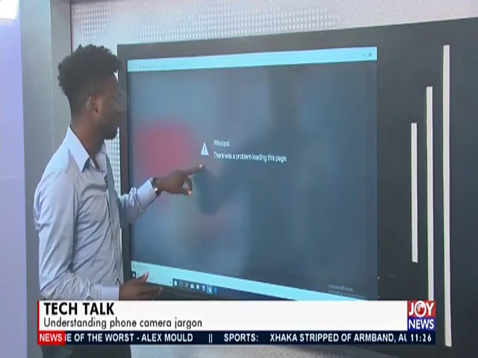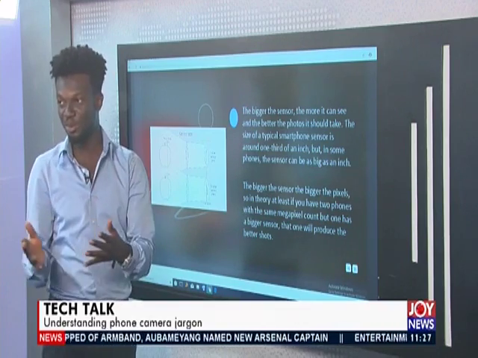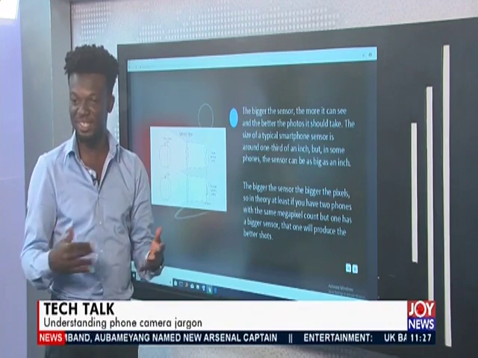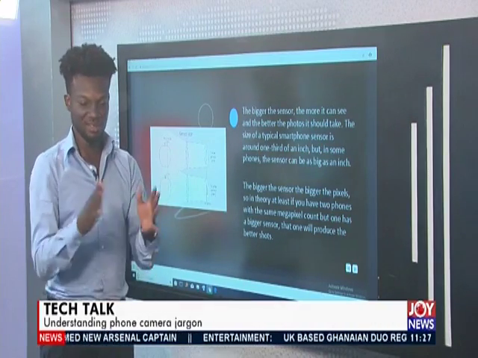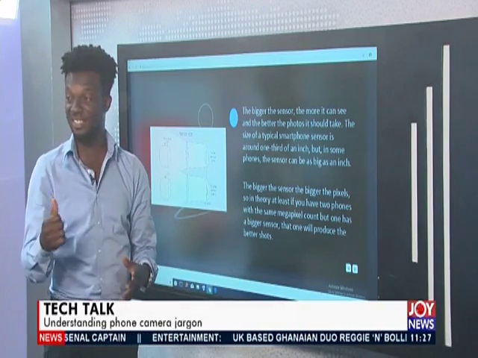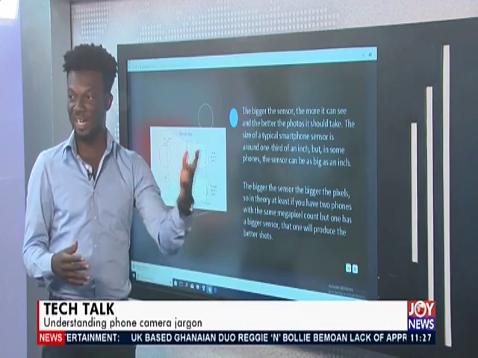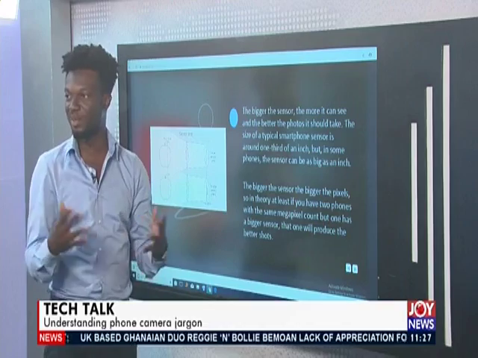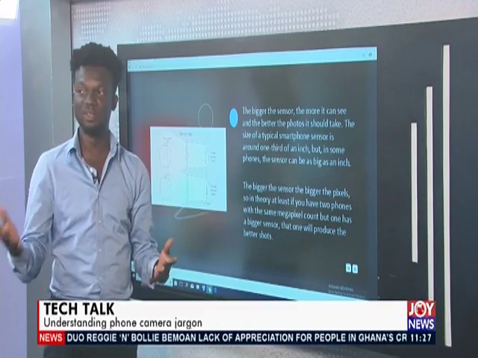Do sensors come in sizes? Yes, they do. They usually advertise it, saying this camera has a sensor size of 1 inch, versus others in millimeters. So just look out for the megapixel count and then your sensor size.